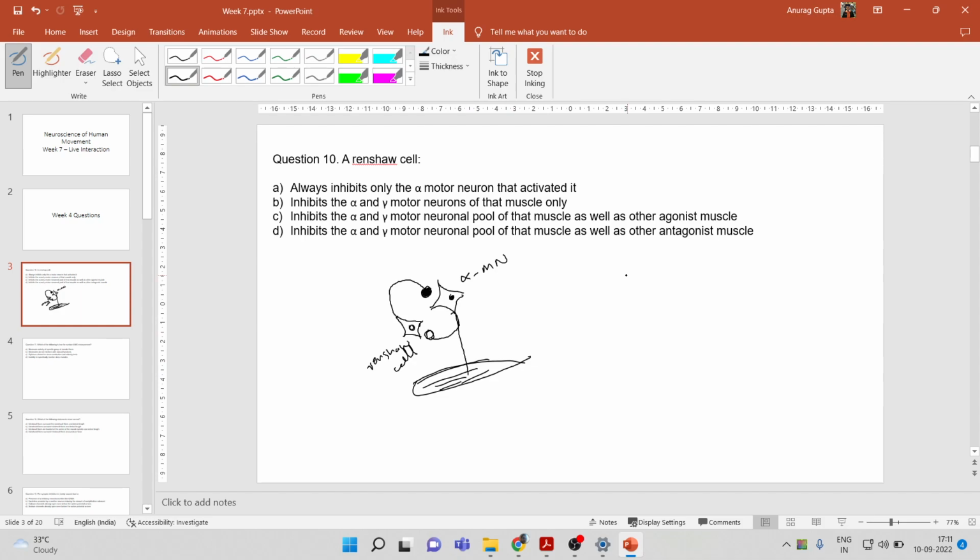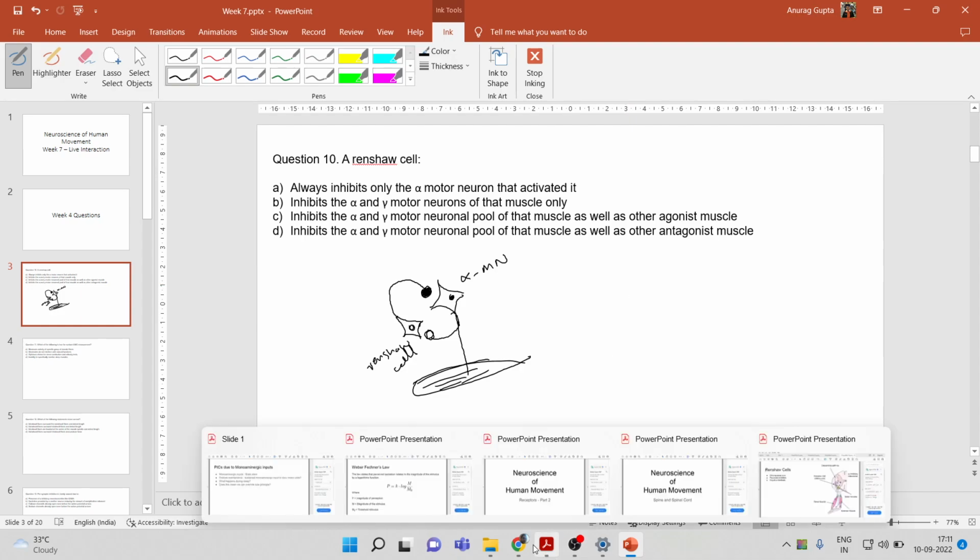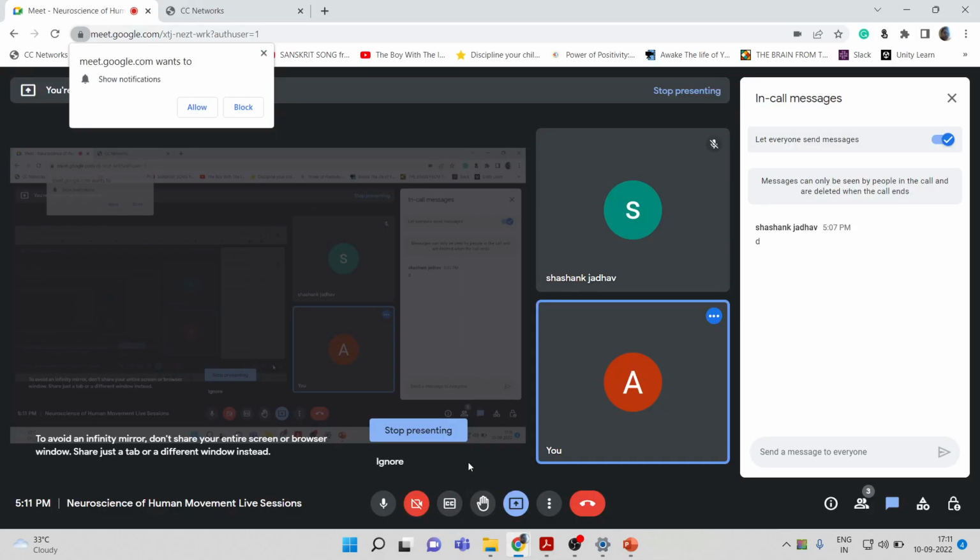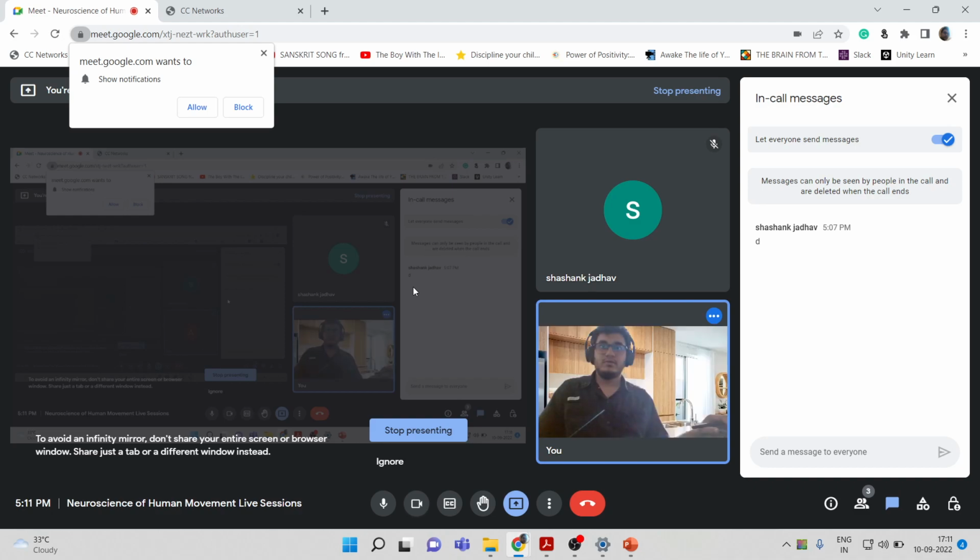For example, let us consider the biceps muscle. So this is the biceps muscle.